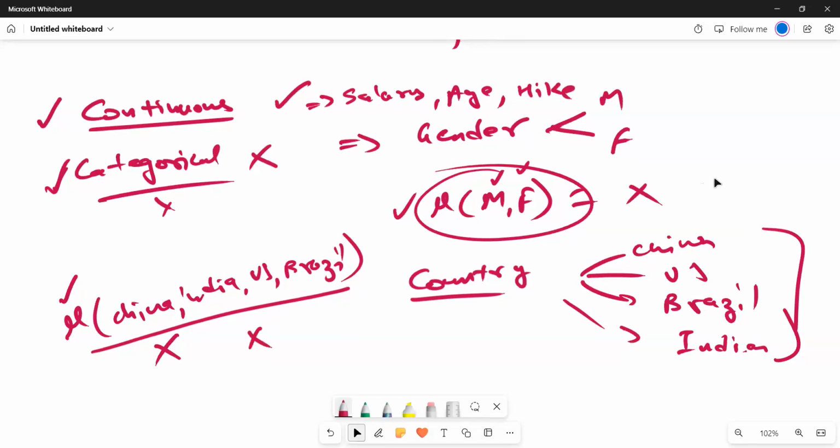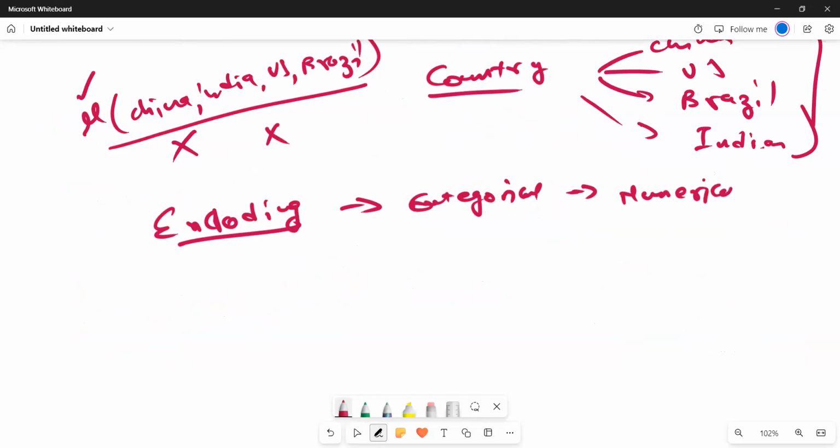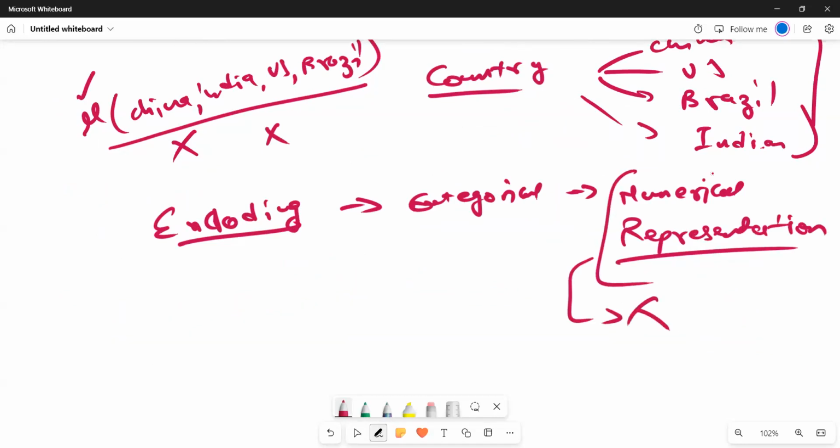We have something called encoding, which you'll learn later, where we transform the categorical data into numerical representation. Once you transform it into numerical representation, you still cannot calculate skewness or any moment for that matter.